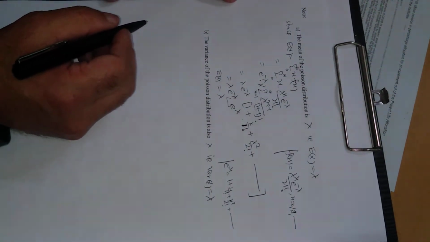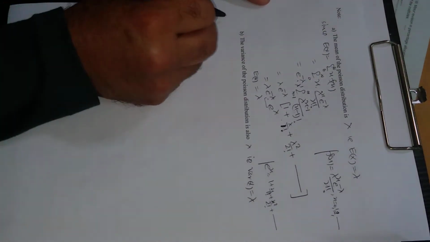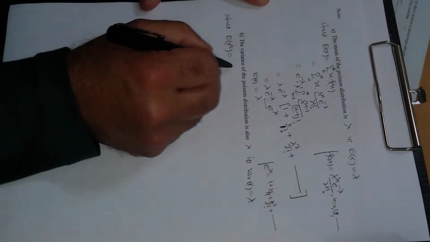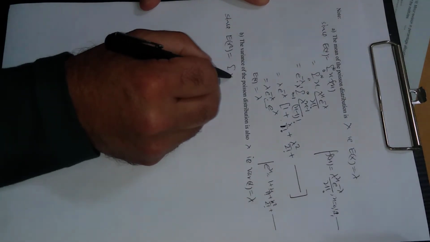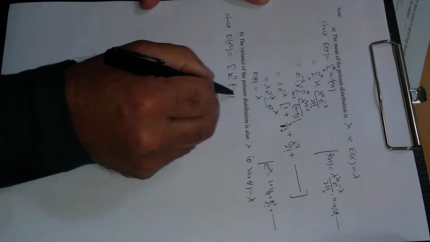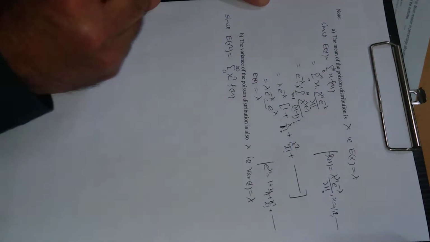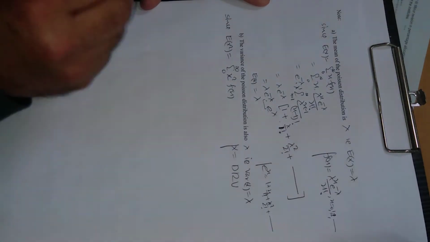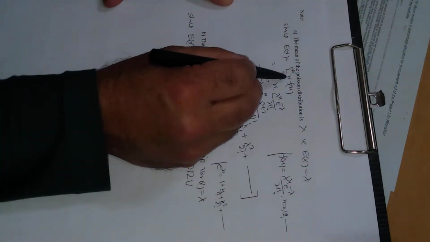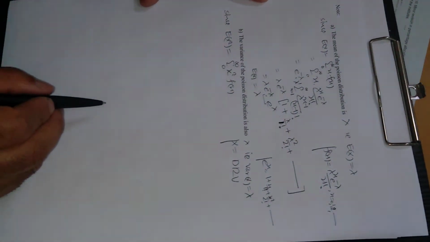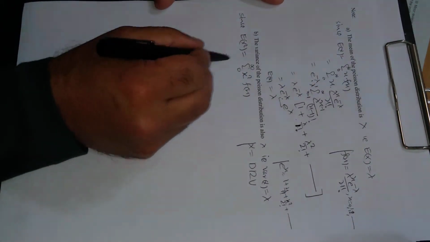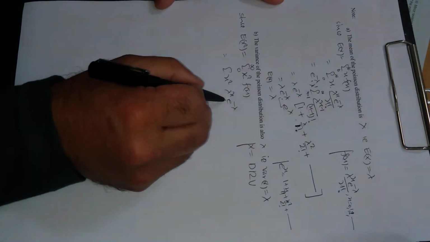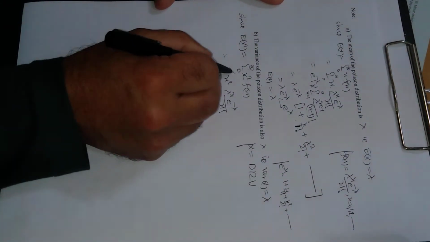We can easily check it, since E of x square will be summation, where instead of x there will be x square times f of x. This is from 0 to infinity, because x in this case is a discrete random variable, so there will be summation. Now open this summation of x square, lambda raised to power x e power minus lambda upon factorial x, from 0 to infinity.